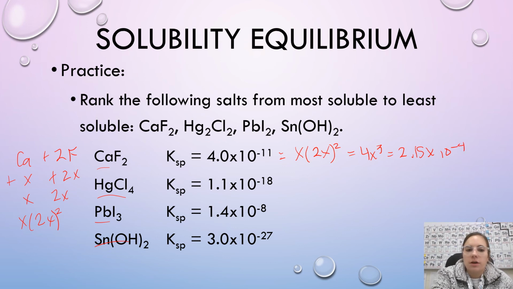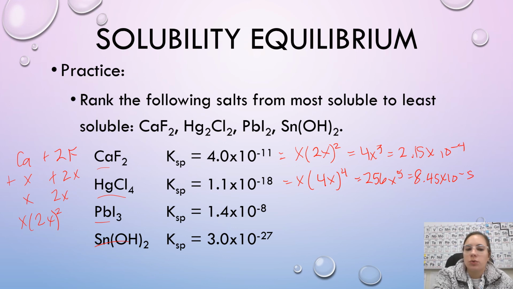This one dissolves into a mercury and 4 chlorines. So we're going to have x and we're going to have 4x to the 4th, which gives me 256x to the 5th. So when we solve for x, we divide this by 256 and then take the 5th root, and we get 8.45 times 10 to the negative 5.